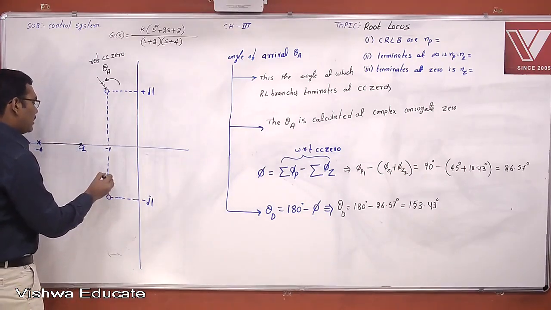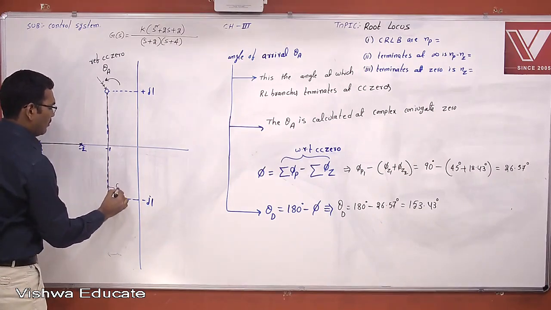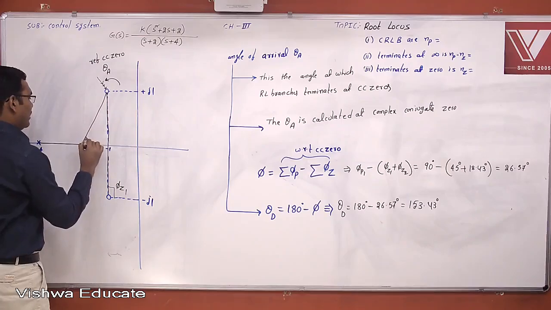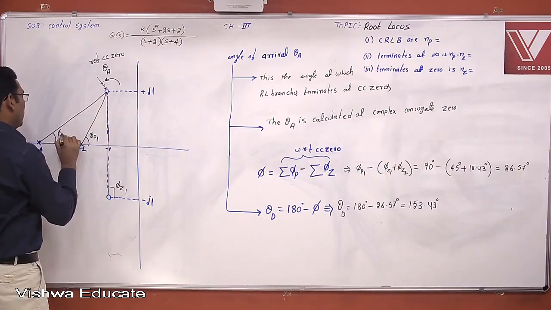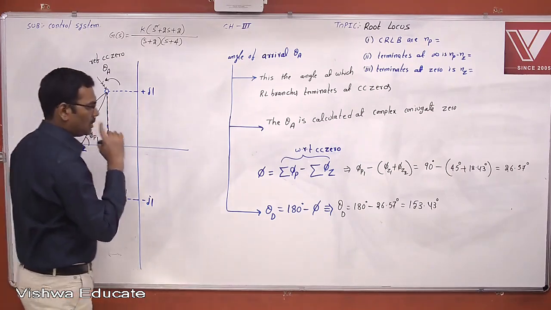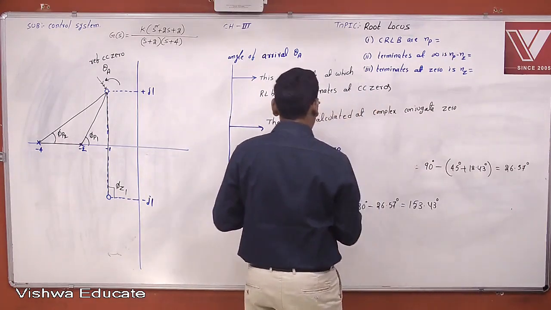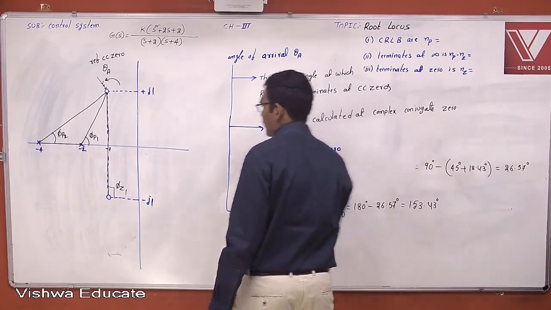Now this angle to this complex conjugate zero is the angle made by the zero. This is the angle made by pole P1, and this is the angle made by pole P2. Now these are the angles made by poles and these are the angles made by zeros.